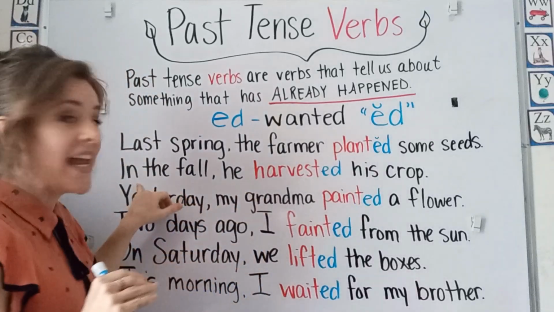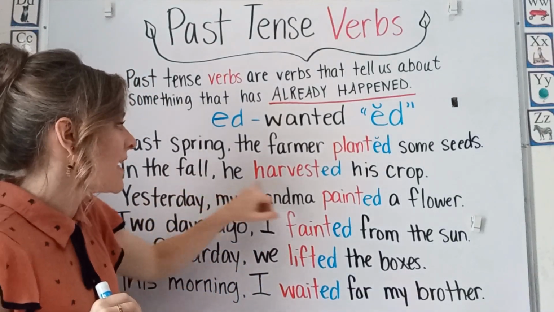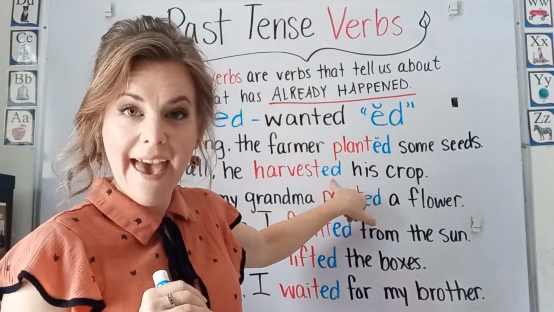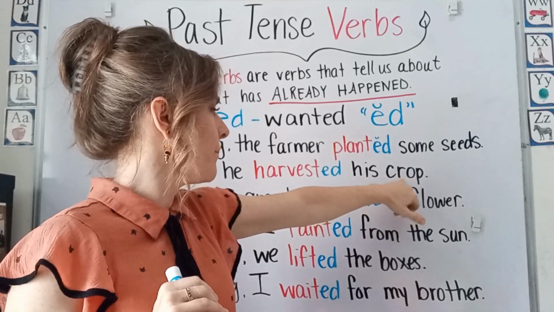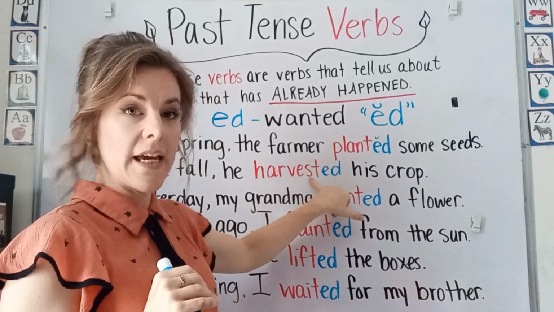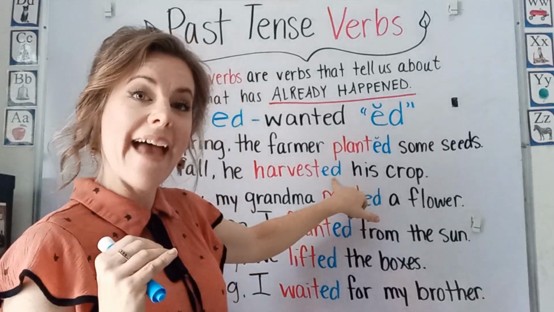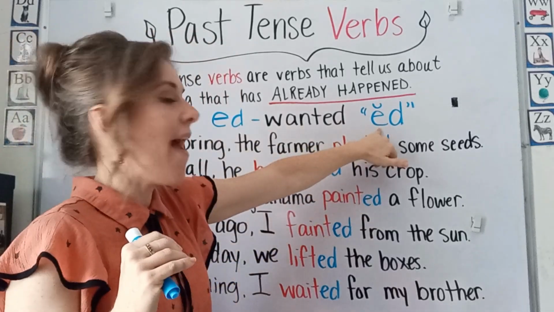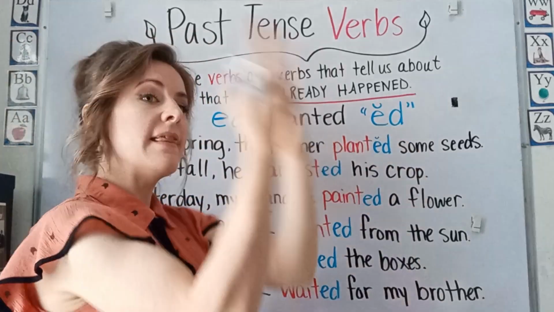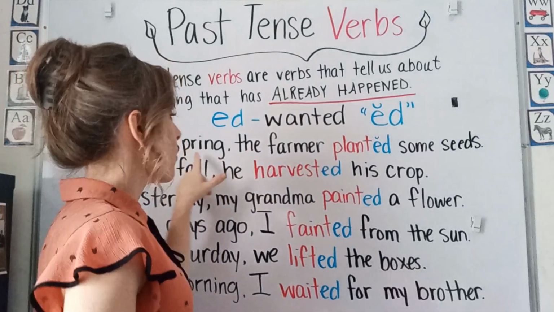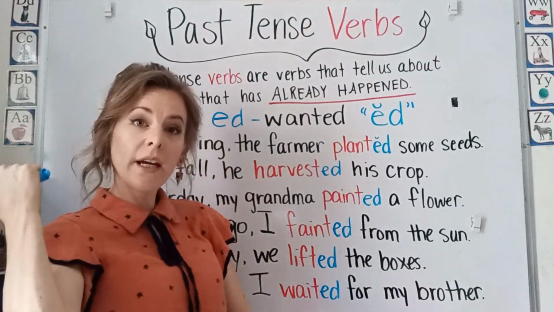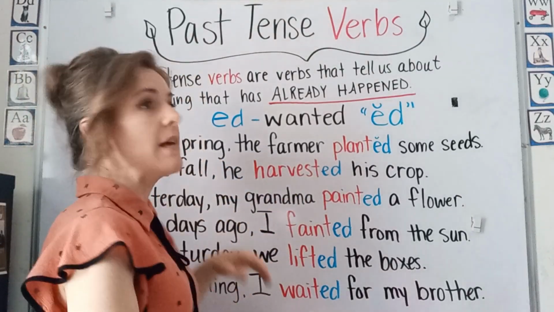Planted. In the fall, he harvested his crop, okay? So harvest with the ed, harvested, d, in the past, okay? So he planted the seeds last spring, and he harvested them in the fall.